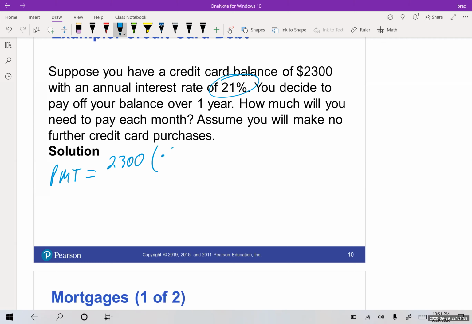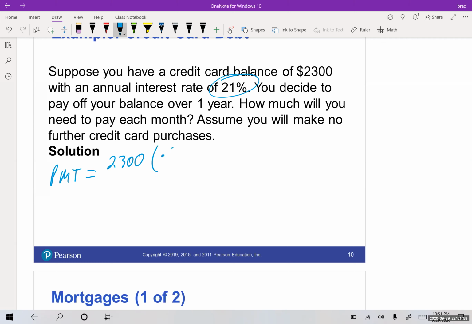So let me break out my calculator. I'm going to try to do the whole thing on my calculator and just see if I can get it to work. So what I'm going to do is parentheses 2300 times parentheses 0.21 divided by 12, close parentheses. Then I want to close the other parentheses.